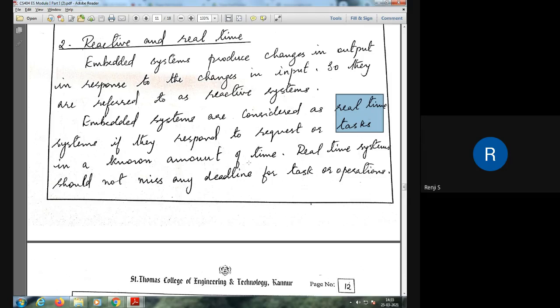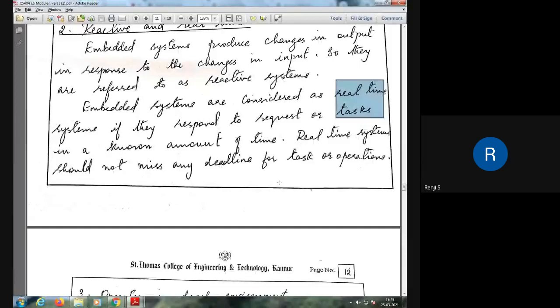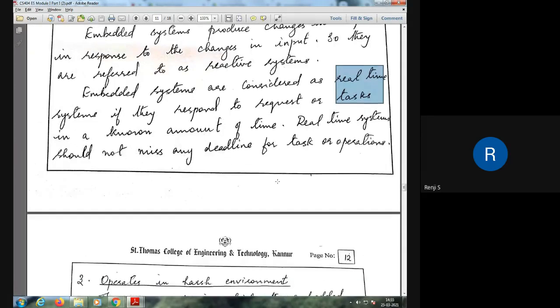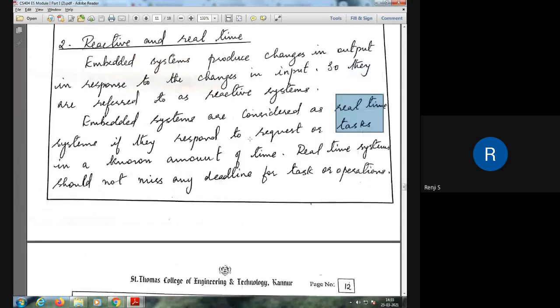Real time systems should not miss any deadline for a task or operation. Whatever is set to be done within a particular time limit is called a deadline. So real time systems should not miss any deadline for any task or operation for which they are designed. This is one of the characteristics: embedded systems may be reactive and real time.